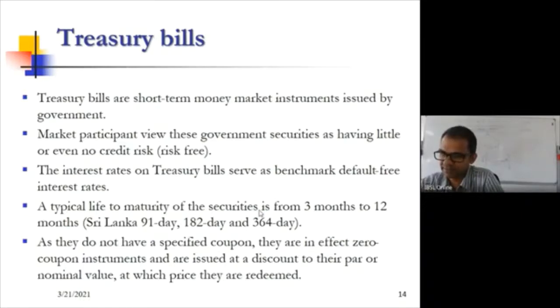If the government issues a treasury bill next Wednesday, it will be settled on the next Friday. At that time, the maturity would be 91 days or 182 days or 364 days. But after another week, the maturity period is not 91 days, but lesser by 7 days.